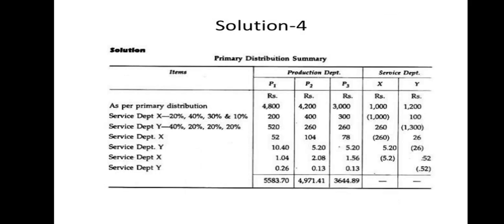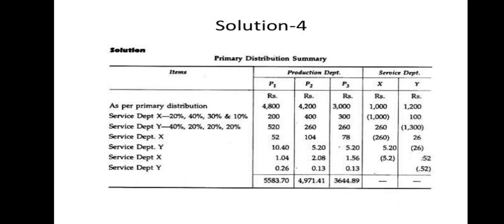So this was the information given. So what is the expenditure of production departments 1, 2 and 3 as given in the problem, which is shown on the table of this present slide. As per primary distribution, production department 1 4,800, production department 2 4,200, production department 3 3,000 and service department X 1,000, service department Y 1,200. So whatever information is given, we need to take that information.